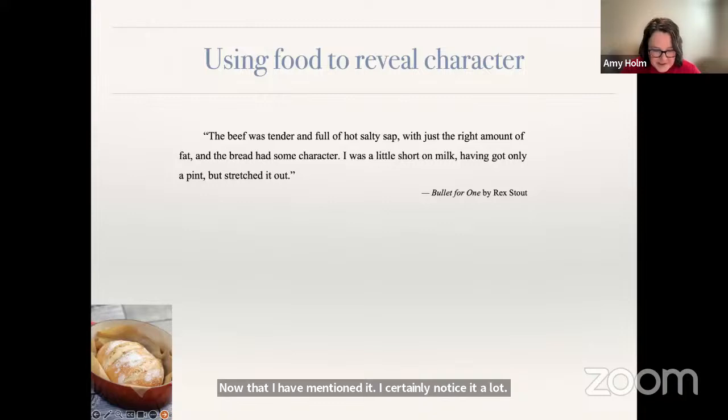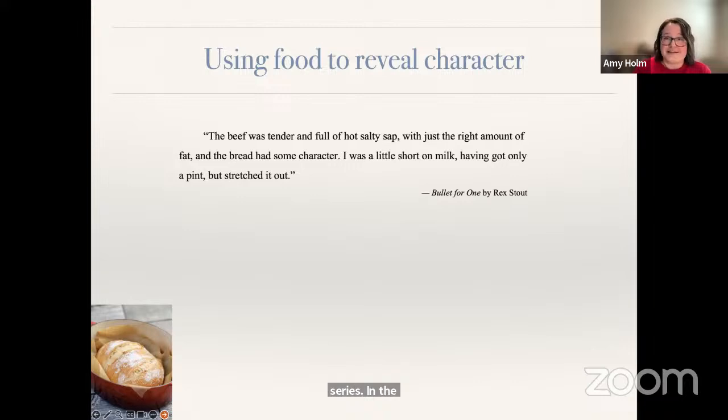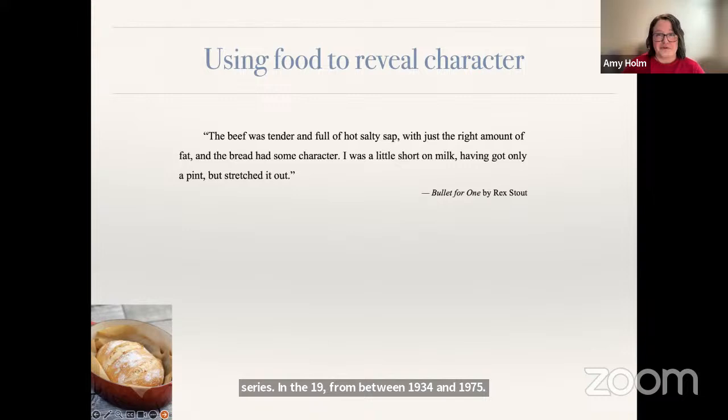Okay, the next example is a series that was new to me, and one of our workshop attendees mentioned it to me, and I was so excited to explore this a little bit. The author is Rex Stout, and he wrote the Nero Wolfe series between 1934 and 1975, wrote 72 Nero Wolfe stories.